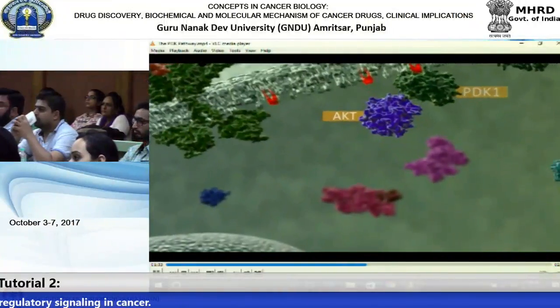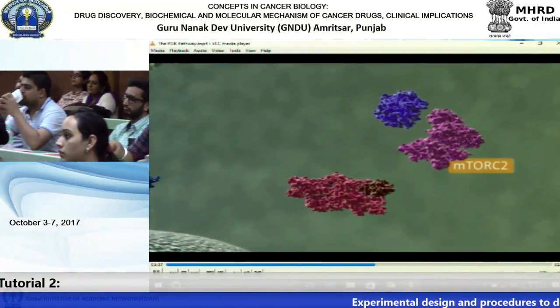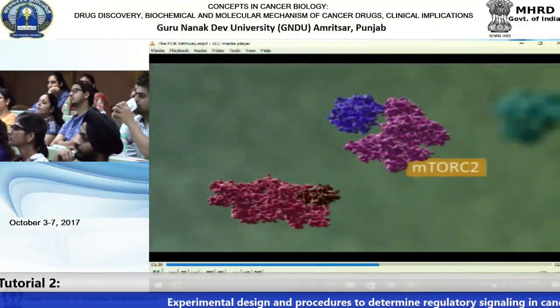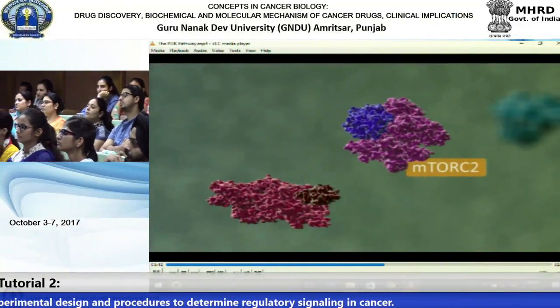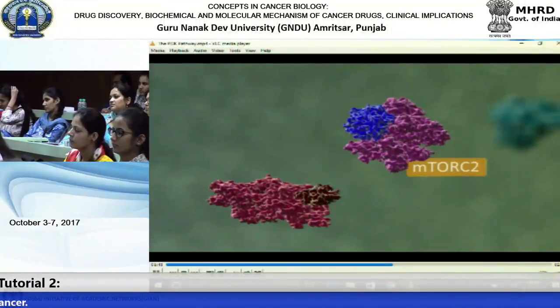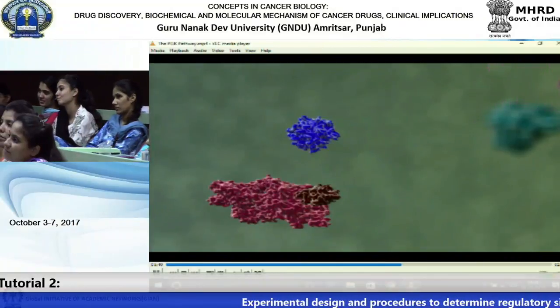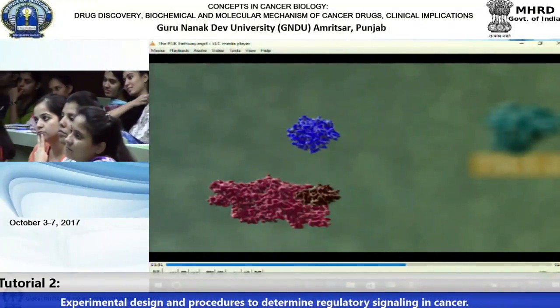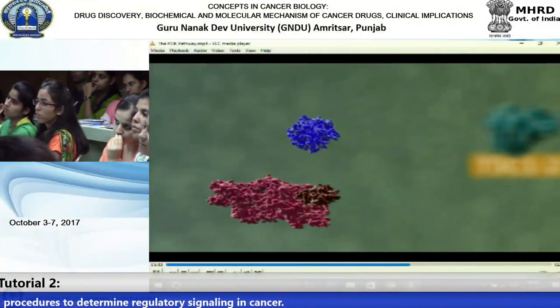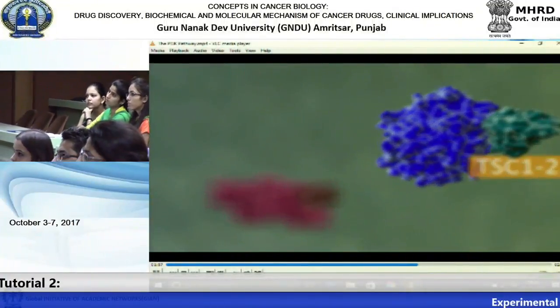The monophosphorylated AKT is released into the cytoplasm, where it interacts with the mammalian target of rapamycin complex 2, mTORC2. The mTOR kinase component of the complex phosphorylates AKT on serine 473, and now the dually phosphorylated AKT is fully activated. Fully activated AKT is free to interact with a host of substrates.